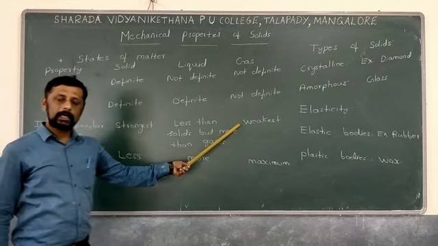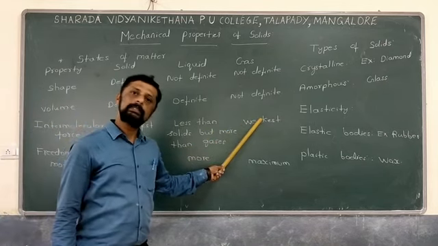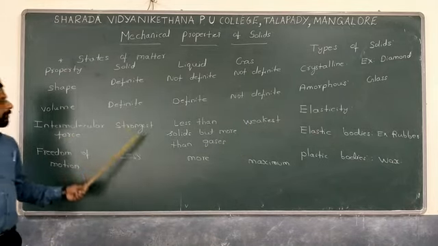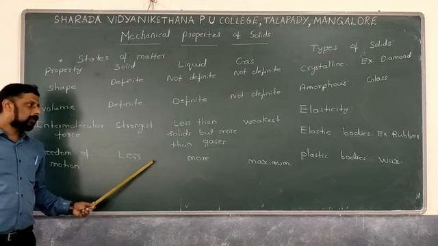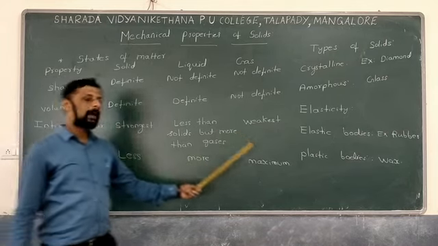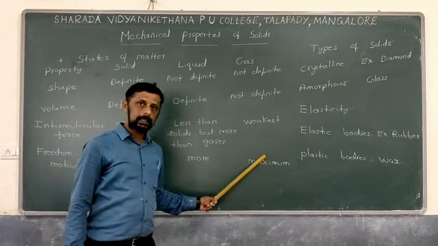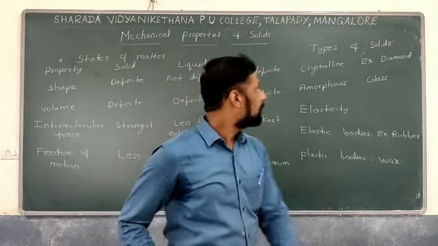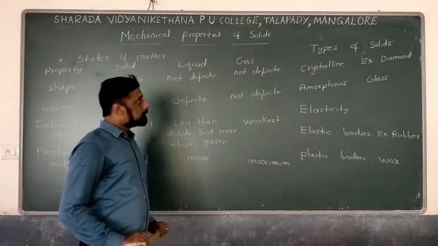While in case of gases, the intermolecular force of attraction is weak. So freedom of motion. So freedom of motion for molecules in case of solids is less, and it is more in case of liquids, and it is maximum in case of gases, and hence the gas molecules can move freely and take volume.